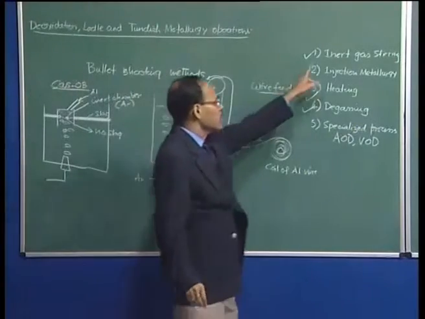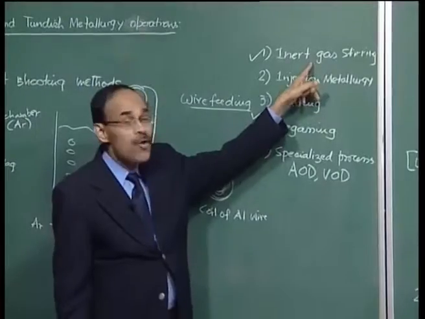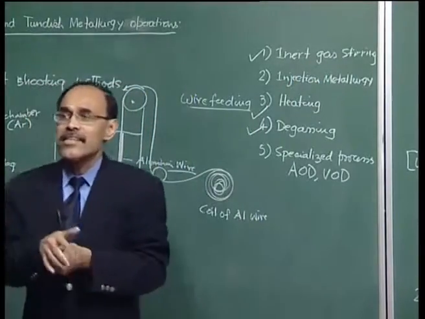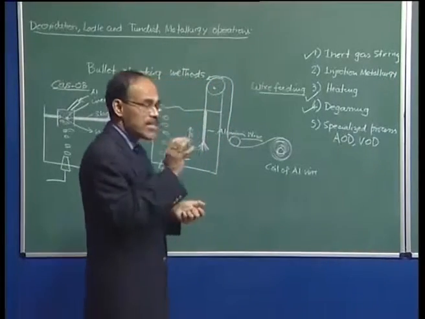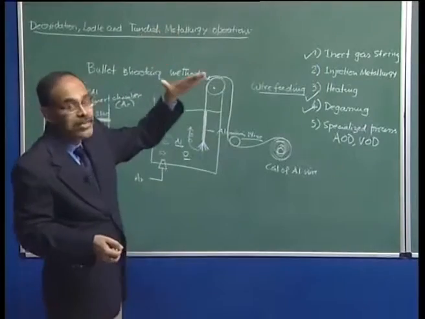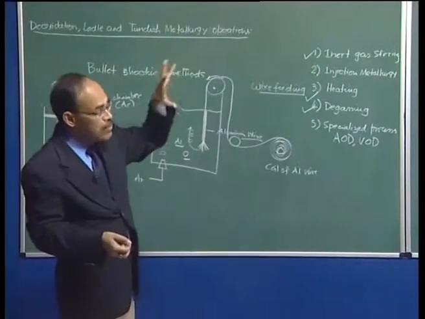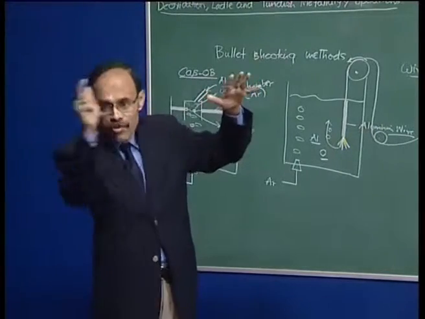Inert gas stirring, let me briefly introduce these terms, essentially tells about introduction of argon gas into molten steel. Why do we use argon? Because we are now continuously refining steel. We have removed carbon, produced crude steel, we have removed oxygen, and we are going to take up subsequent operations.